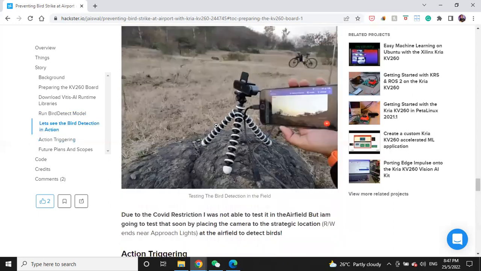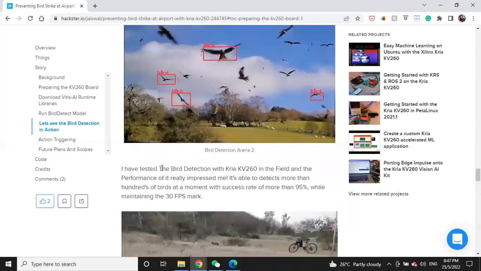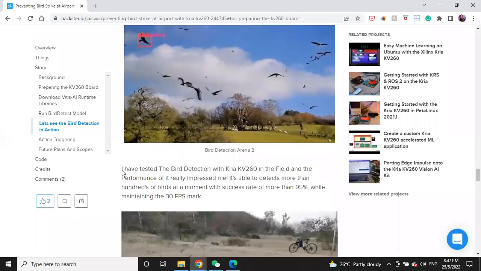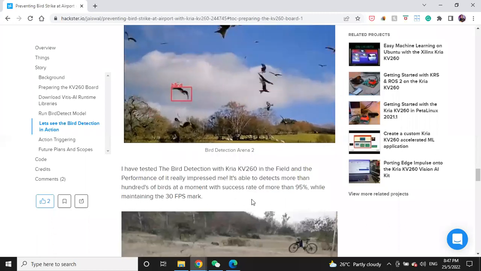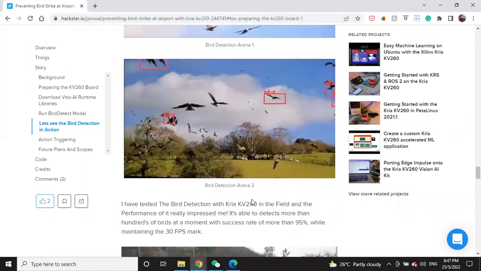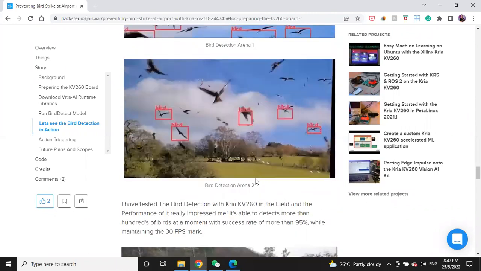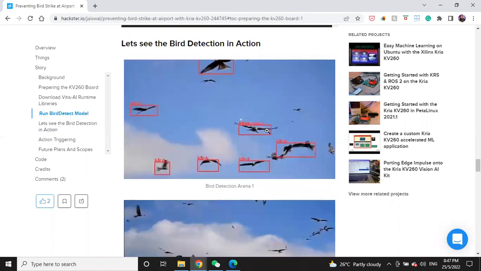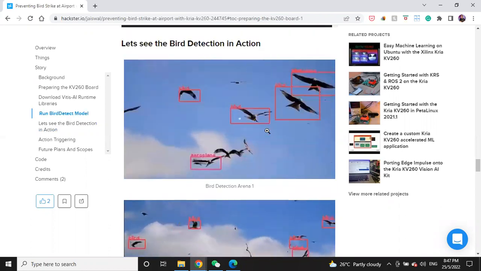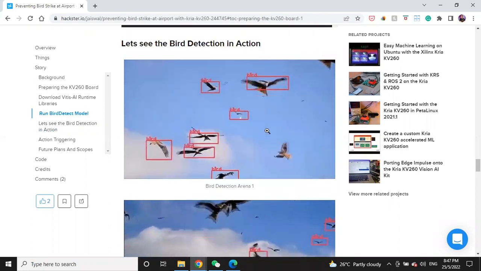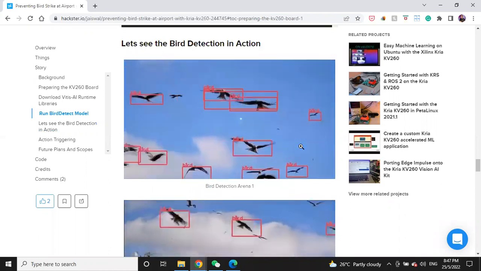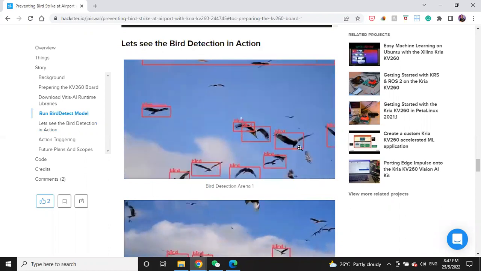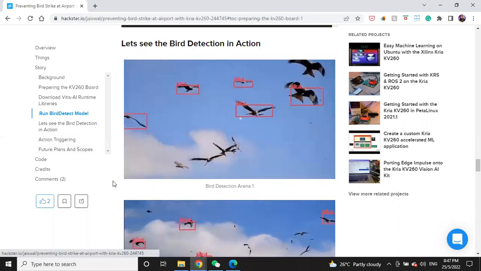Sorry, I can't present it to you right now. Otherwise, I can show you the pictures. Yeah, this is the sample. This is the arena. You can see the birds are detected in real time, and there's also another arena just above it. So this is how the birds are detected by this Kria KV260 board, and it will trigger the actions that we need to keep the birds away from it.